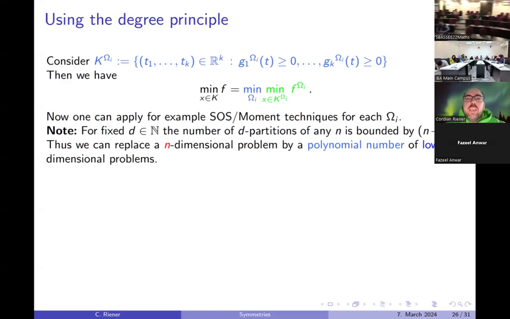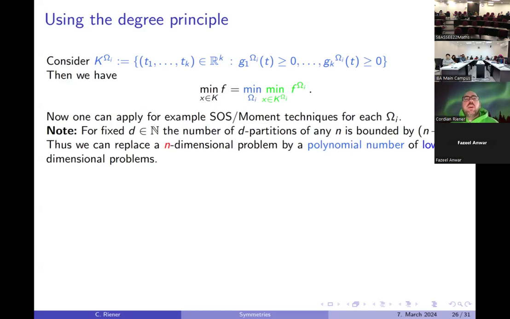What I wanted to say here is that you can upper bound this by something that, when you fix d, or k if you replace d with k, is a polynomial. If everything is fixed besides n, this is a polynomial in n. This tells you that you get a reduction. You have your n-dimensional problem, and you build some lower dimensional problems, but maybe many of those.